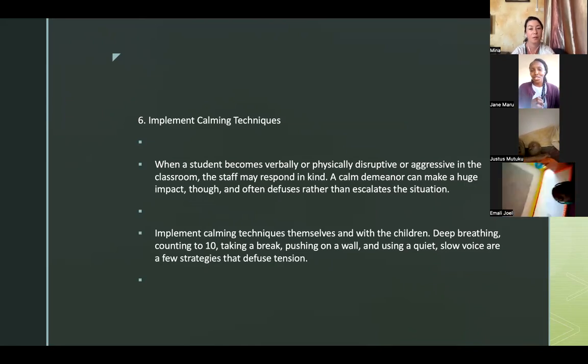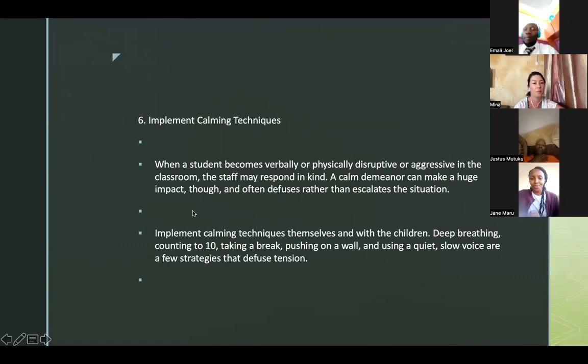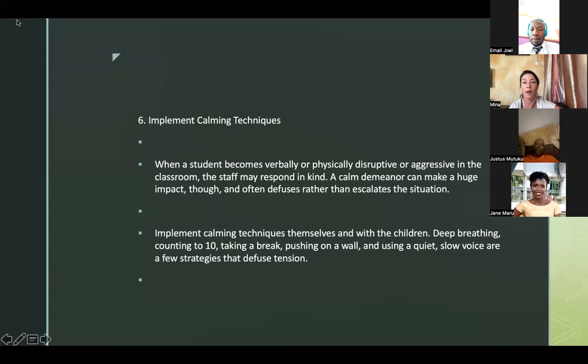Maybe you can write your suggestions and also raise your hand, anyone. So how do we include other students? Since this is an inclusive classroom.